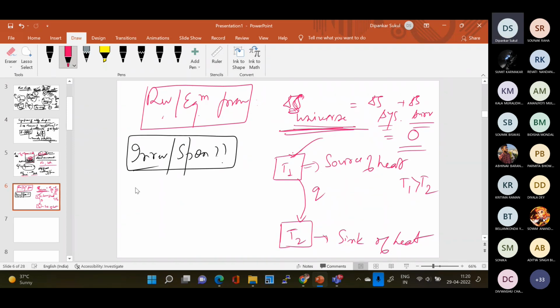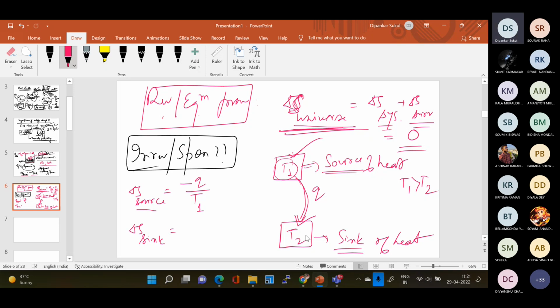Then what will be the entropy change of the source? Because Q amount of heat is released from the source, it will be minus Q by the corresponding temperature, which is T1. This is the entropy change of the source. And what will be the entropy change of the sink? This Q amount of heat is going inside the sink spontaneously.